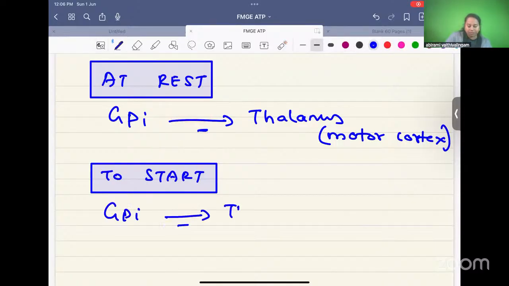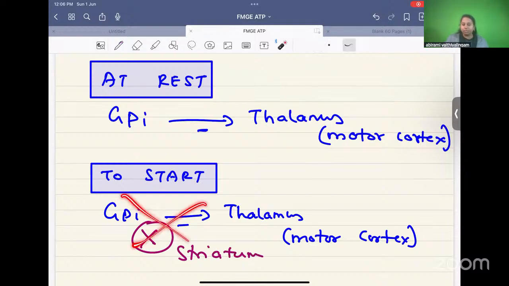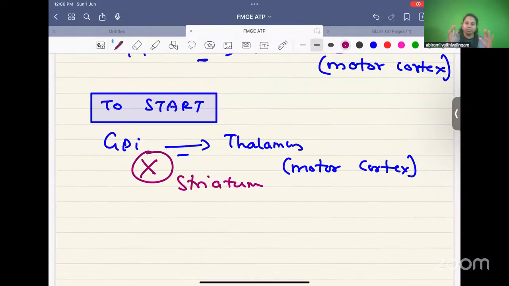Who will remove this inhibition? Striatum will do this for us. If you remove the inhibition, you can start the movement. Now you are making the movements.